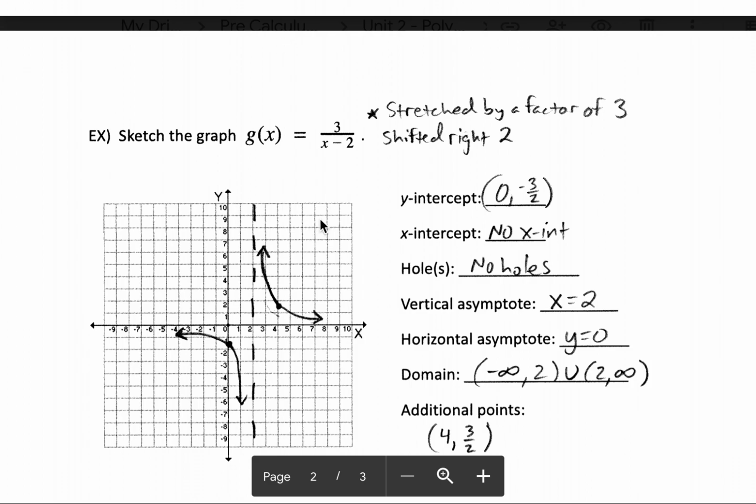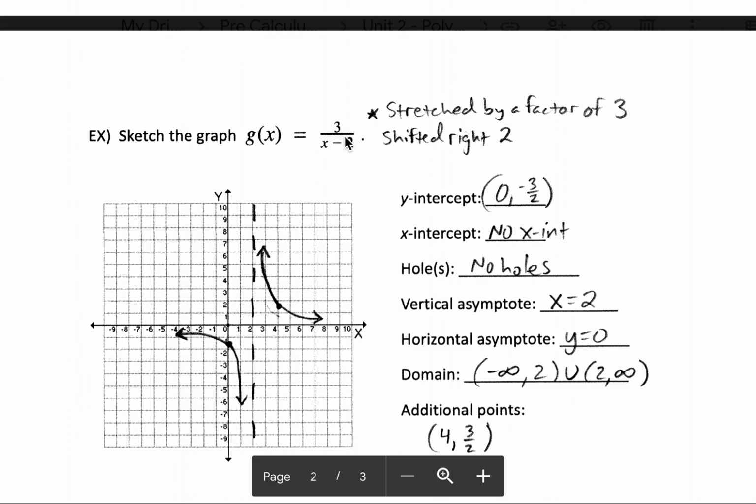All right, this first one is given to us in that transformed form. If we know our basic reciprocal function that has this behavior happening, we're just going to shift or move these two graphs left, right, up, or down, or stretch them slightly.